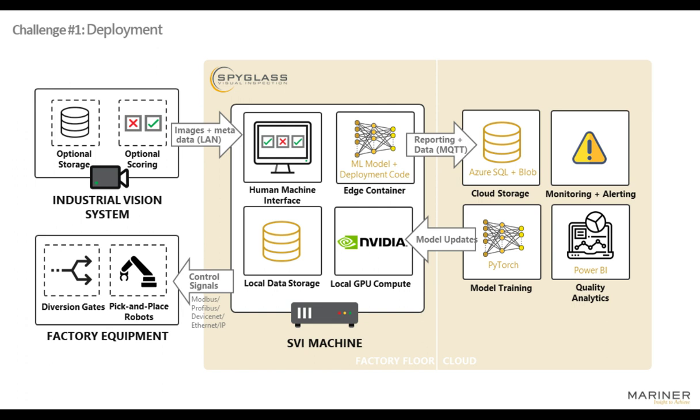So we have a centralized location where we store all of the images that we need and all the metadata. We tie that to quality analytics as well, dashboards, all that good stuff. And we also do model retraining in the cloud, and the models get pushed back down to device. We think having that infrastructure in place is a critical part of deploying deep learning systems, and we'll hash that out a little bit more in the next bullet point here.